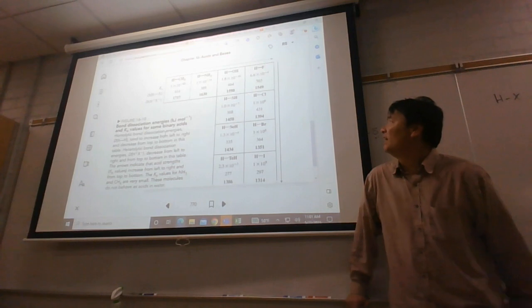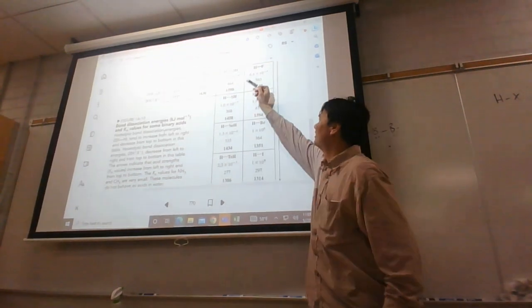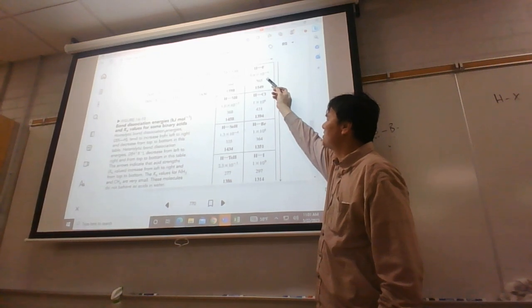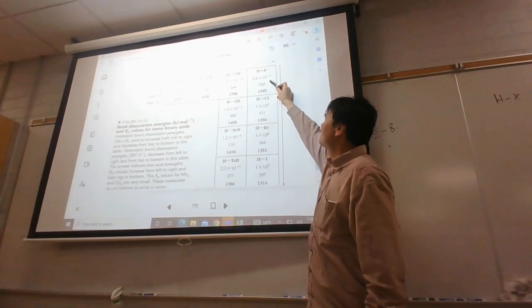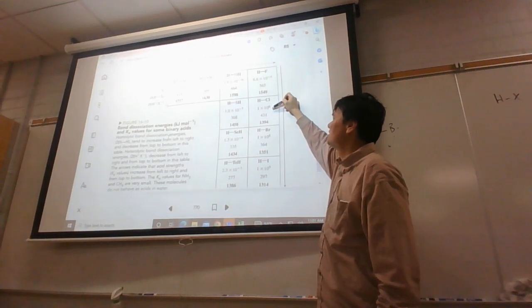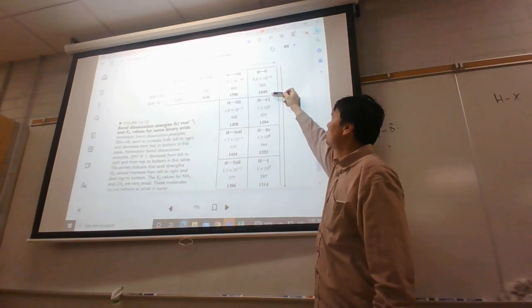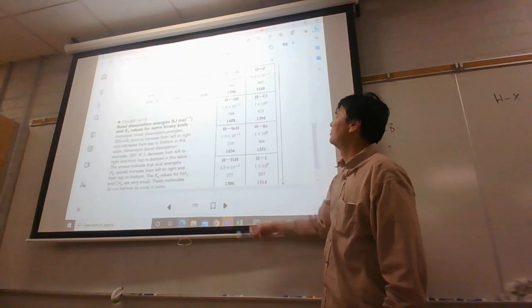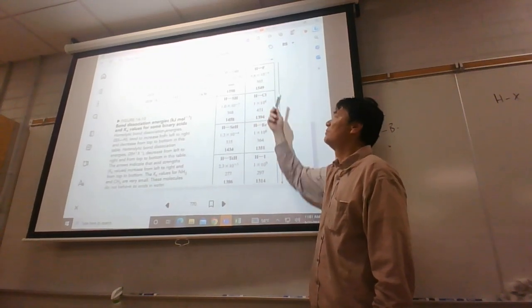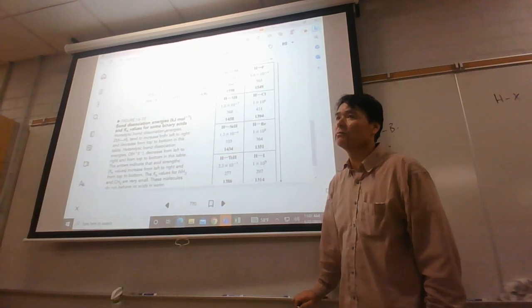It turns out that these numbers here are Ka. Ka gives us the magnitude of the acid strength. If we look at this Ka, it's 10 to the minus 4. When we look at this Ka, it's 10 to the 6. Well, 10 to the minus 4 to 10 to the 6 is a huge difference. 6 plus 4 is 10 orders of magnitude.